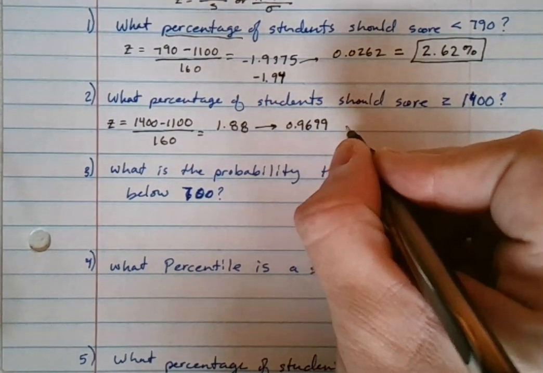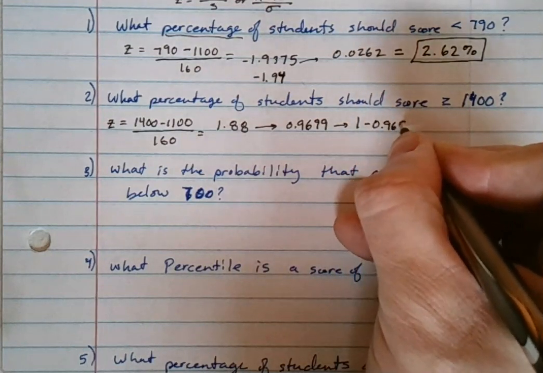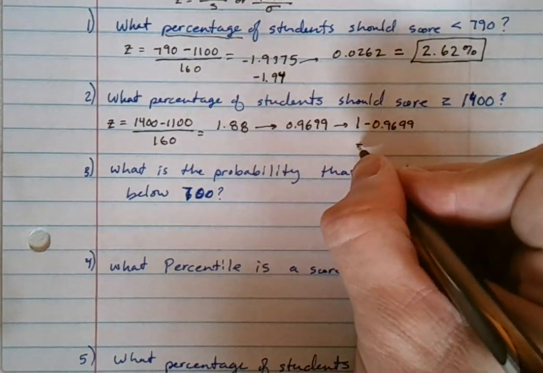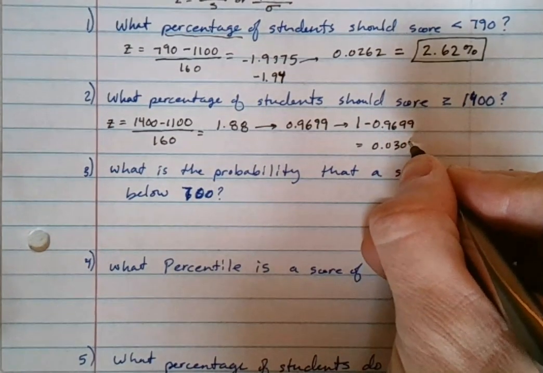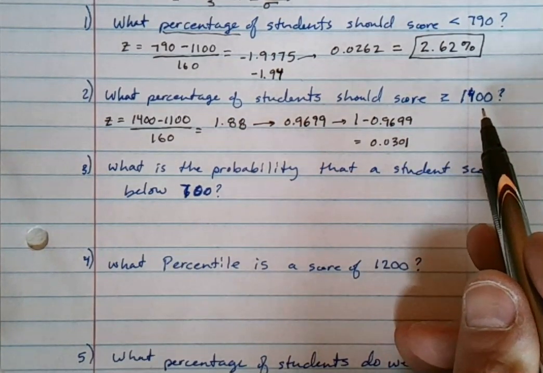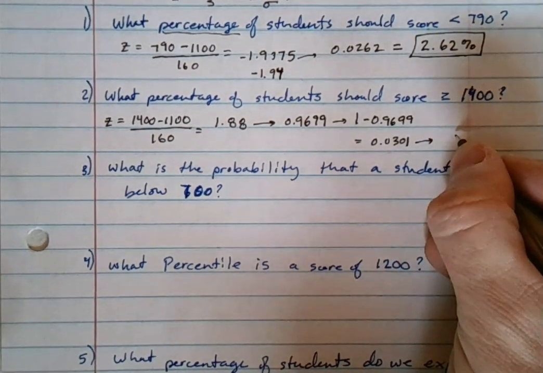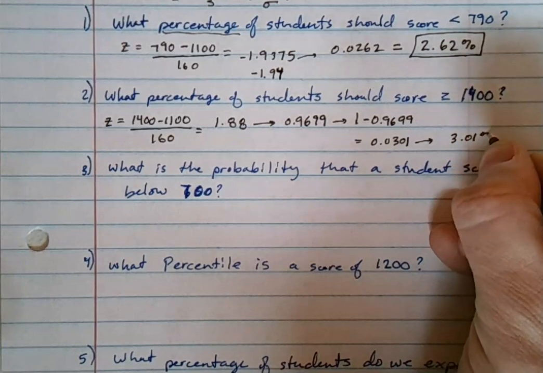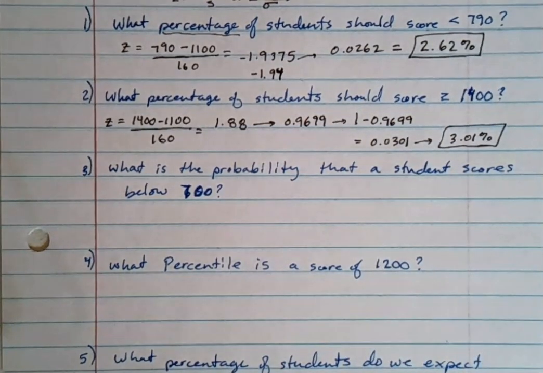I need to go what? 1 minus 0.9699, and that is equal to 0.0301. This is the area at and above this score, and so we would say this is going to give us what? 3.01%. We expect about 3% of applicants to score equal to or greater than 1400.